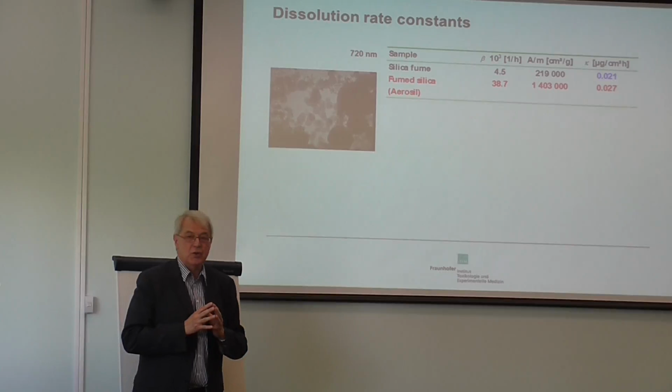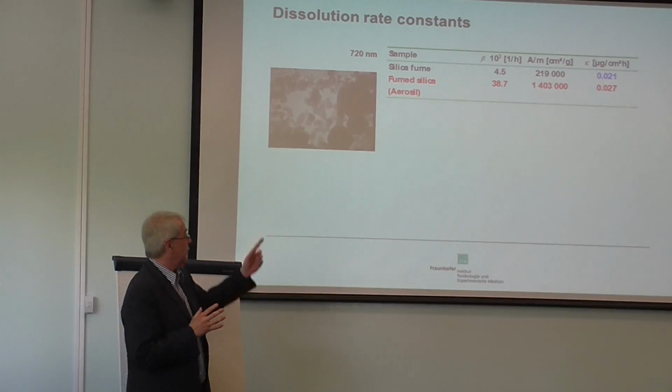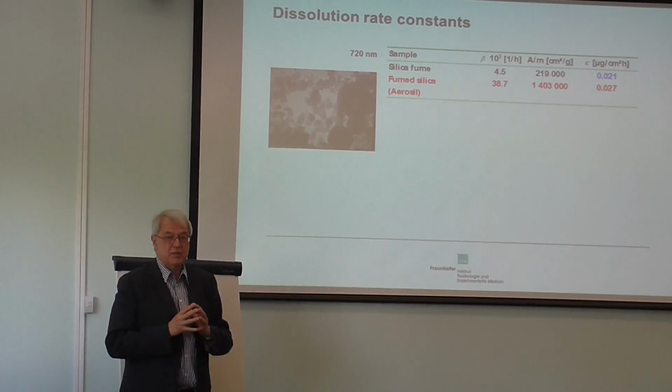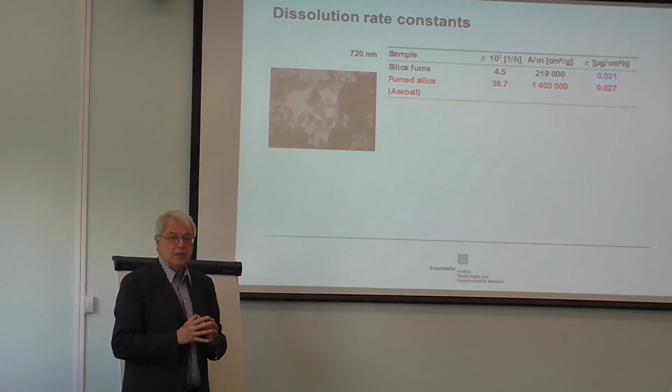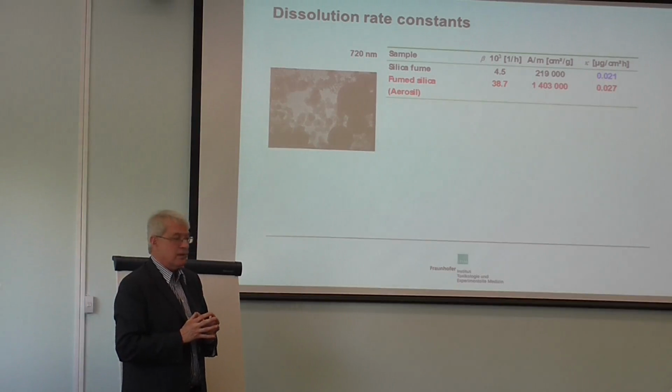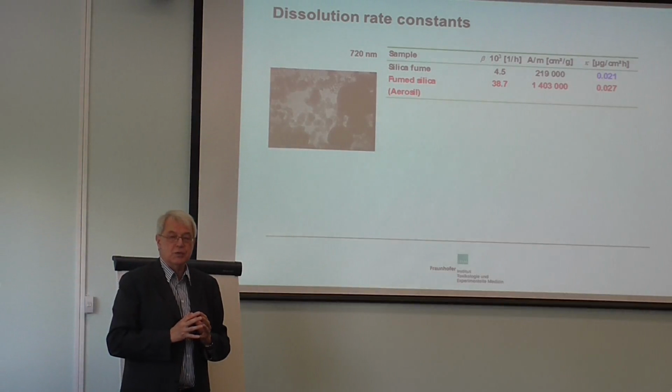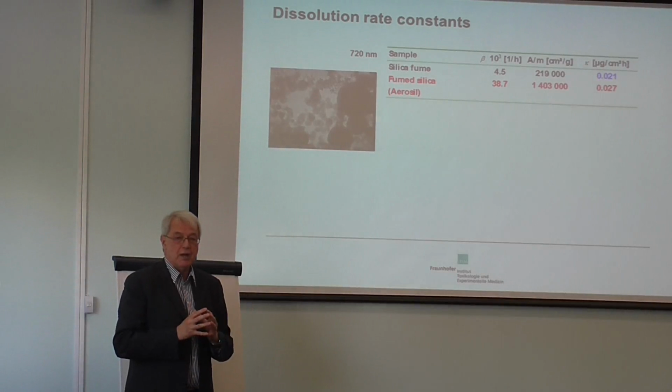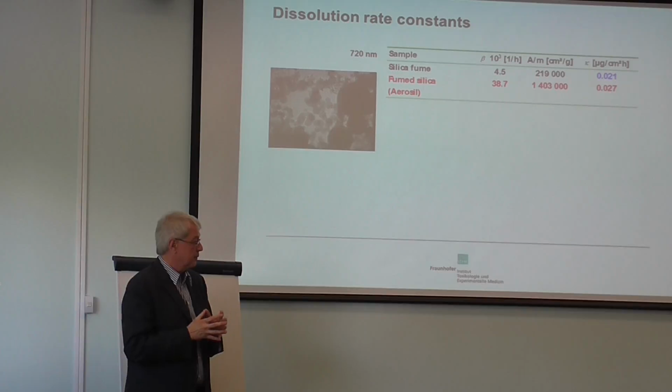So yesterday I showed some pictures of this silica fume. This is an unwanted emission during silicon production, and workers there are exposed sometimes to a very high concentration of this fume.